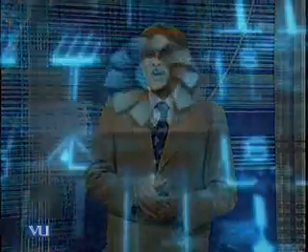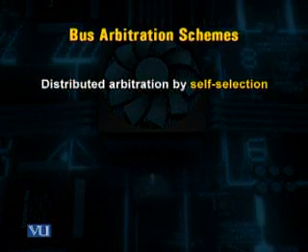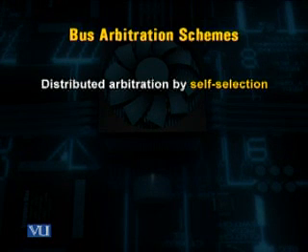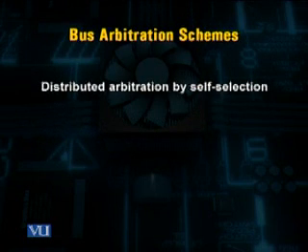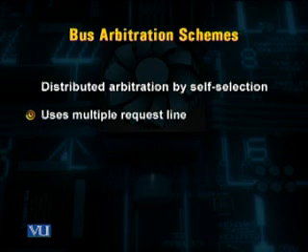The third type of arbitration is the distributed bus arbitration. The distributed arbitration can be further classified into 2 types, that is, distributed arbitration by using self-selection and by using collision detection. The distributed arbitration by self-selection also uses multiple request lines.